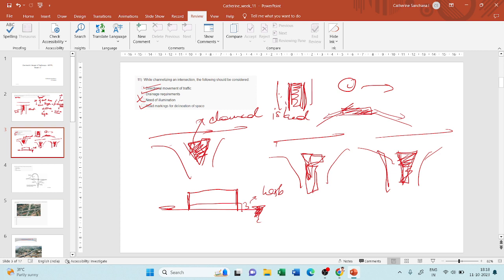In some cases, they would have provided studs also, reflecting studs, right? If your vehicle light shines on the studs, it will get reflected back, and you will be able to see the clear demarcation. But this should not be confused with illumination. Illumination is different. Providing reflective studs is different. Okay, so the answer to this is A, B, and D.